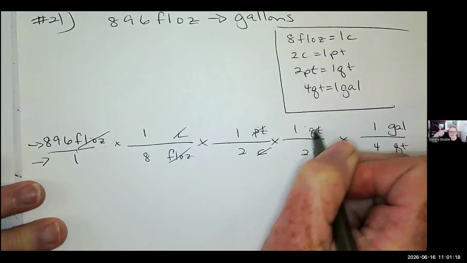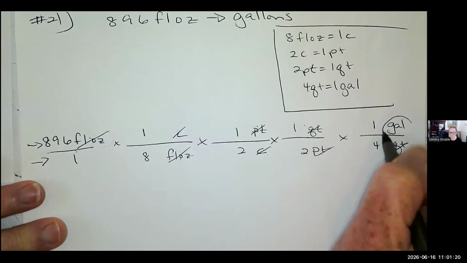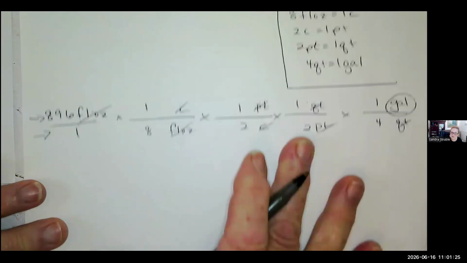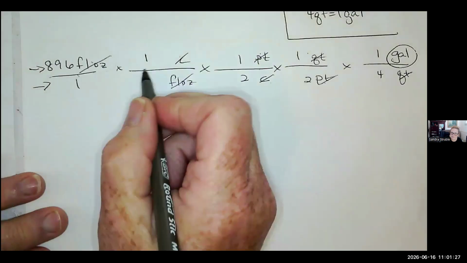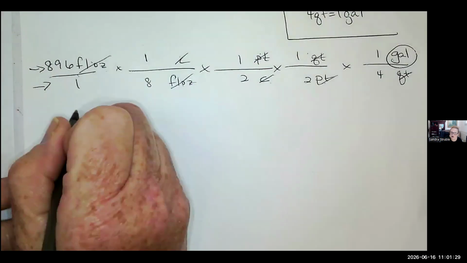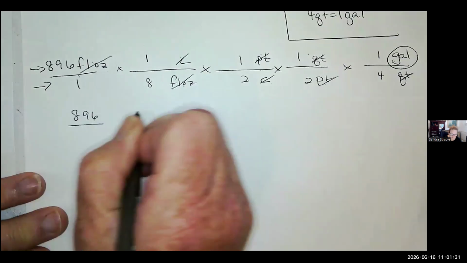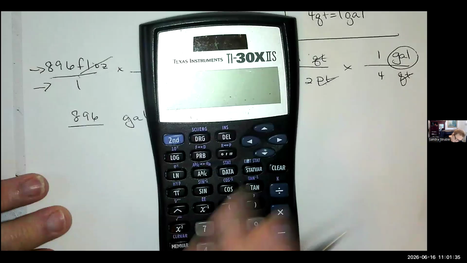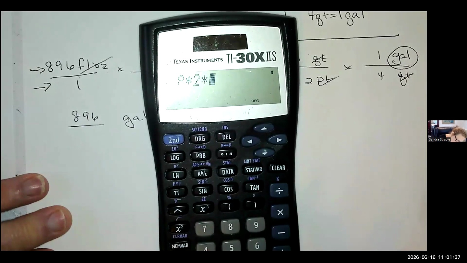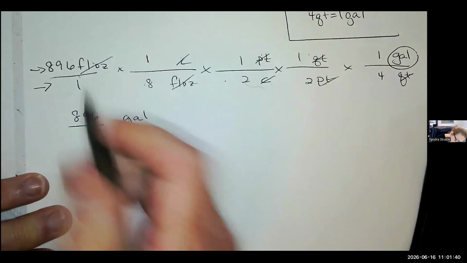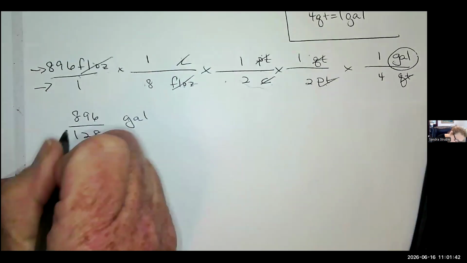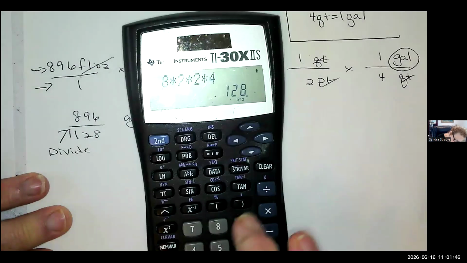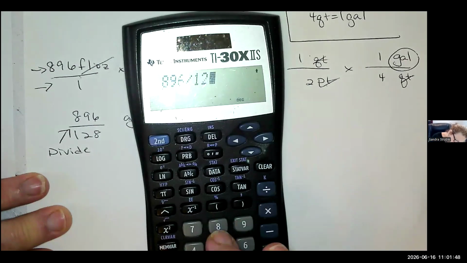Left with gallons in the numerator where we need it to be. Okay. 896 times 1 is 896, and this is gallons, over 8 times 2 times 2 times 4 is 128. Once you get to this point, you have to divide. And it's 7 gallons.